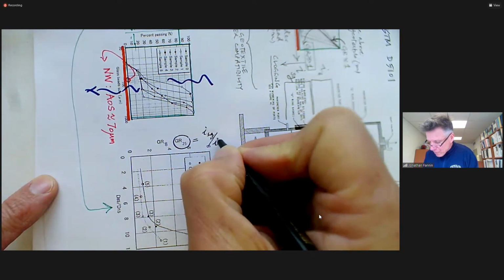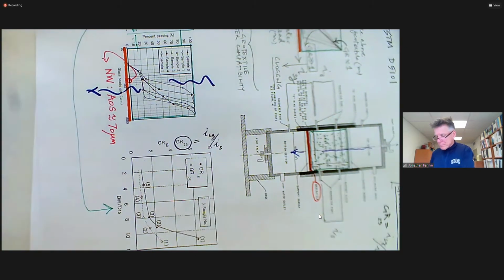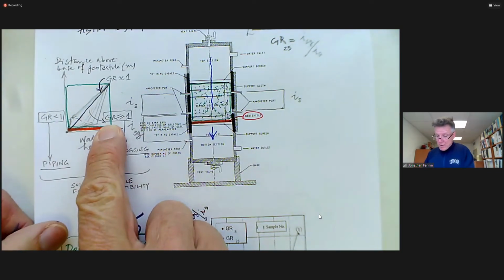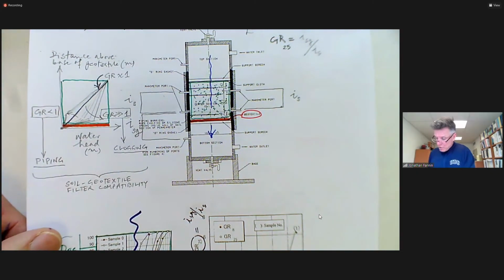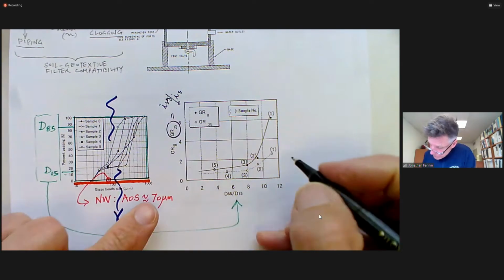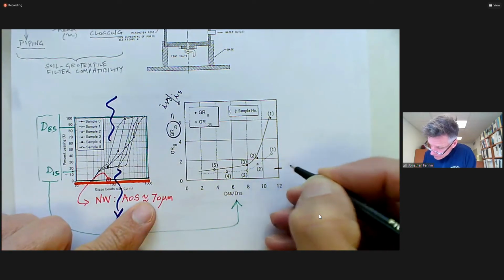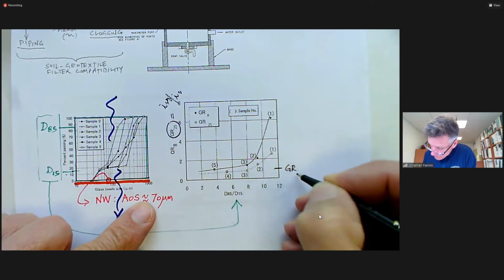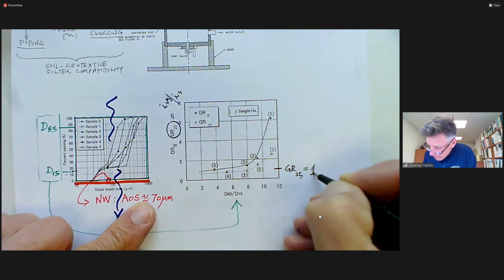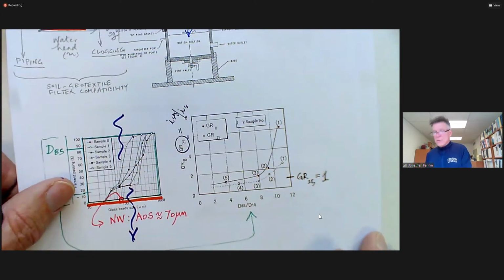I_SG over I_S, which is really just a measure of, as the gradient ratio increases above 1, it's because we're getting clogging. So as the gradient ratio increases above 1, that would be perfect filter compatibility.